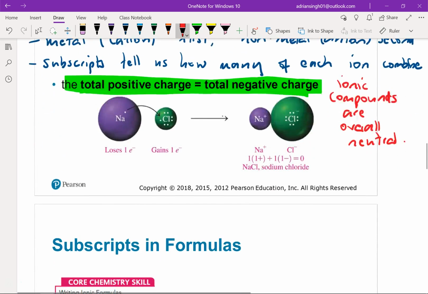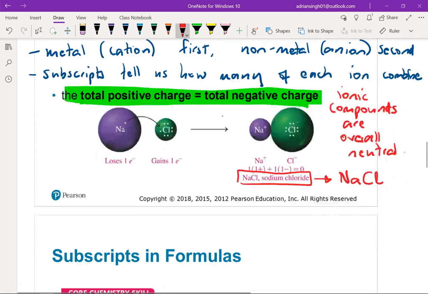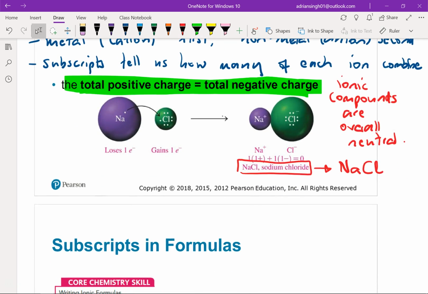So for example, with the sodium chloride that we looked at, when we write the formula for sodium chloride, it ends up being NaCl. So we have sodium, the metal ion goes first, and the anion, the nonmetal, goes second. And we said we're going to use subscripts. Well, when you don't see a subscript, 1 is understood to be there.